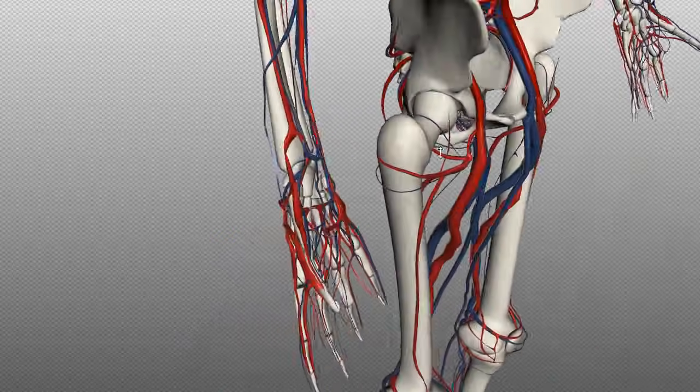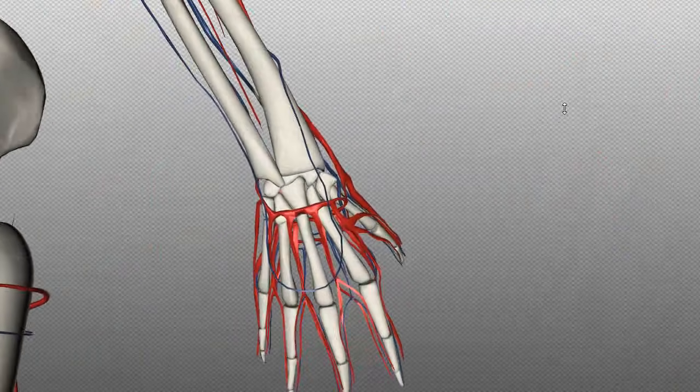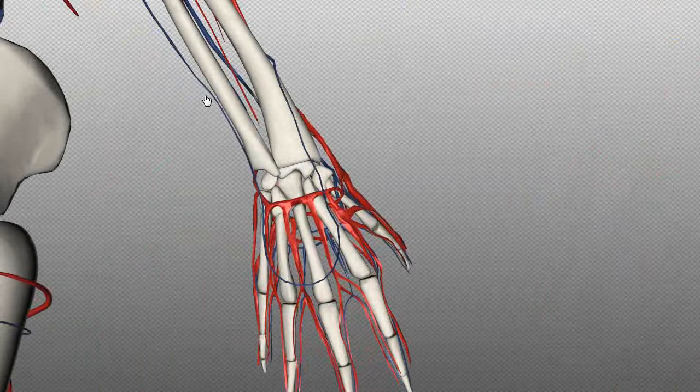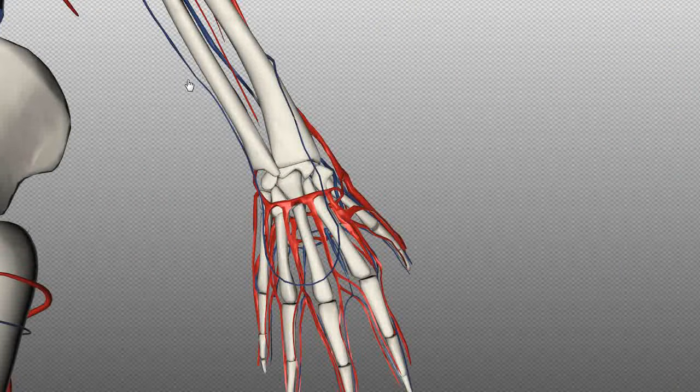So you can see their course. So the medial vein here, which is the basilic vein, and the lateral one, the cephalic vein, they form this dorsal venous plexus on the hand. So this is often a site for cannulation of patients.